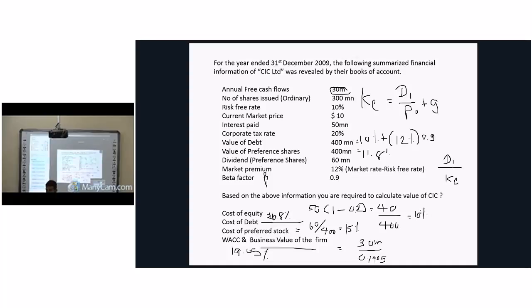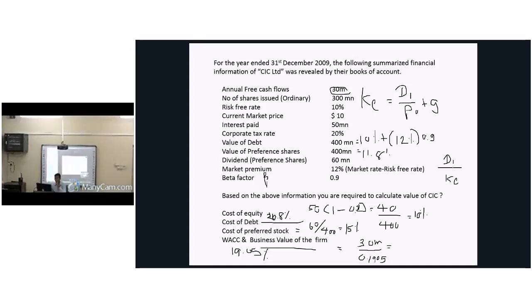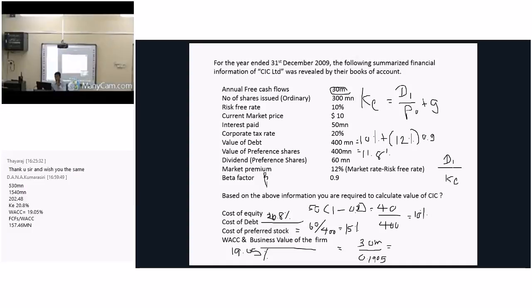So the value of the firm would be how much? 157.46, right? So we will get 157.46 million.